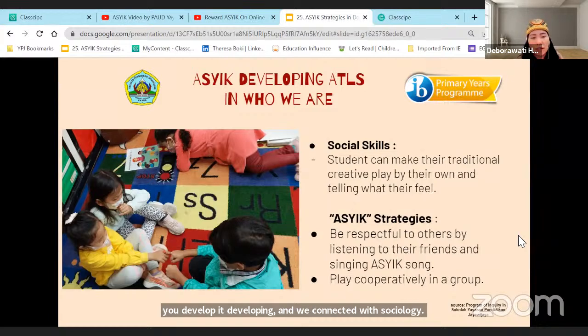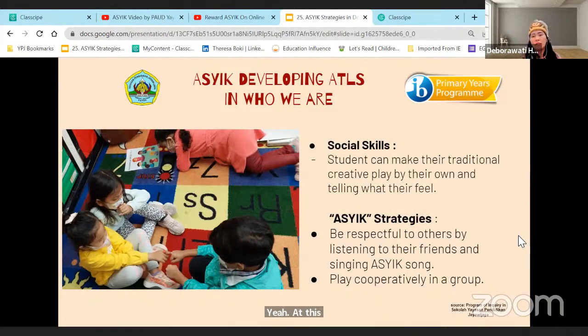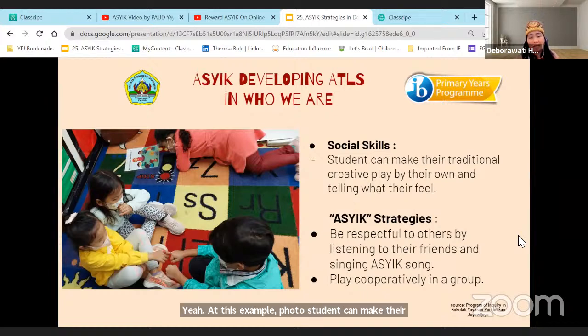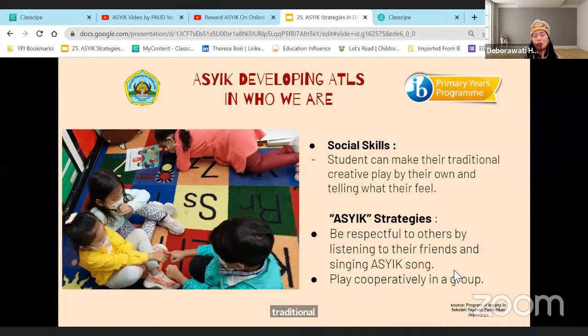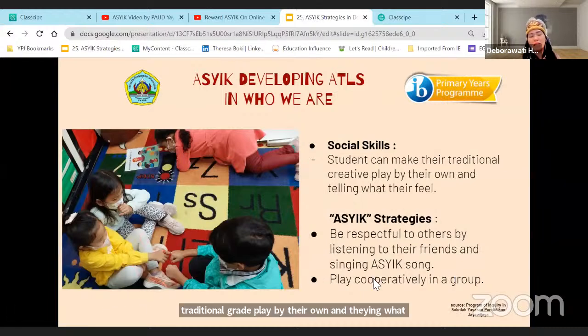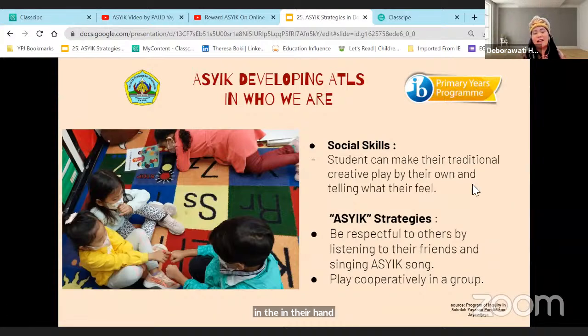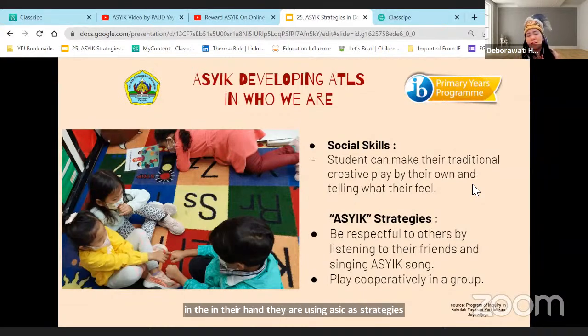In this example photo, students can make their traditional creative play by their own and tell what they feel. After their play, they use ASYIK strategies. Then ASYIK strategies can make them respectful to others by listening to their friends and singing the ASYIK song.